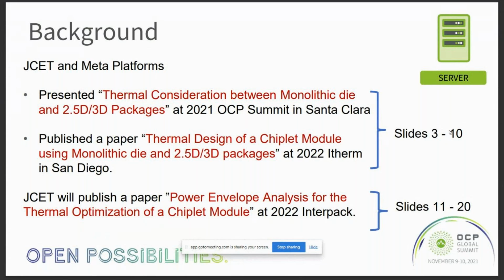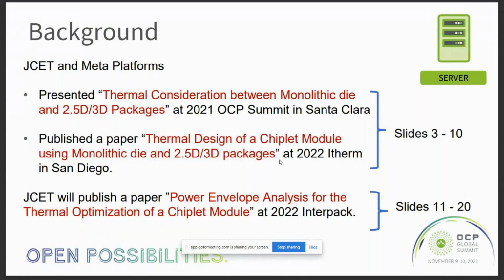JCET and the Meta platform, one of the Meta platform engineers or managers invited me to work on this presentation together in 2021 OCP Summit.